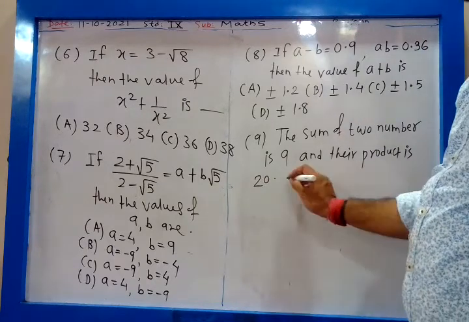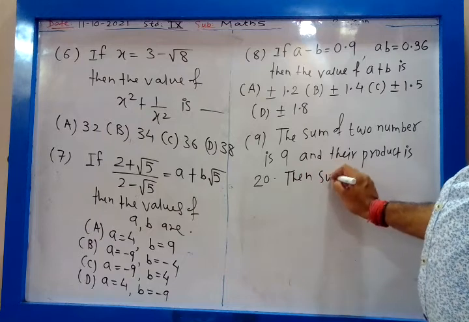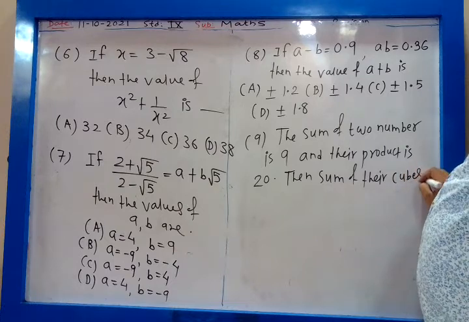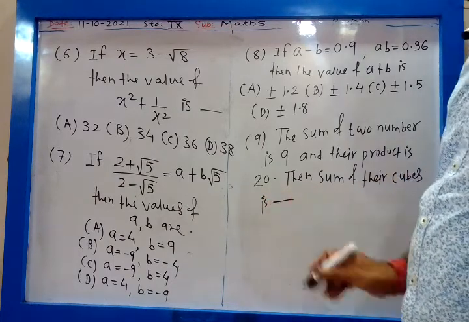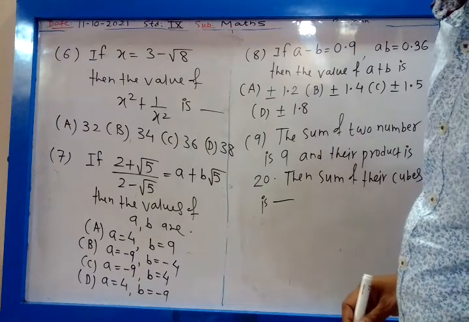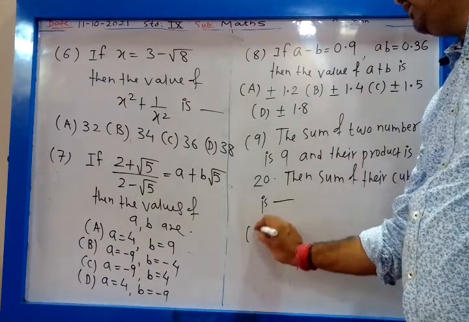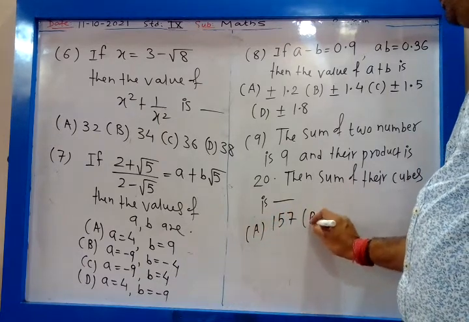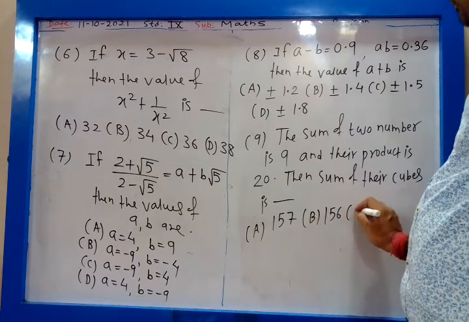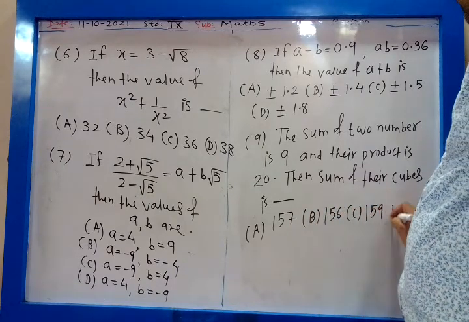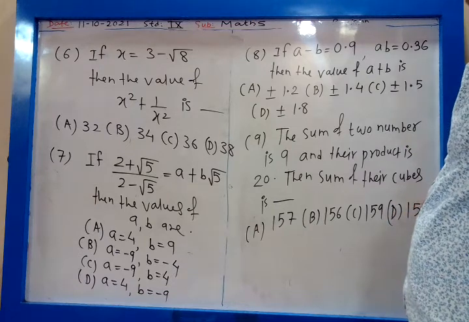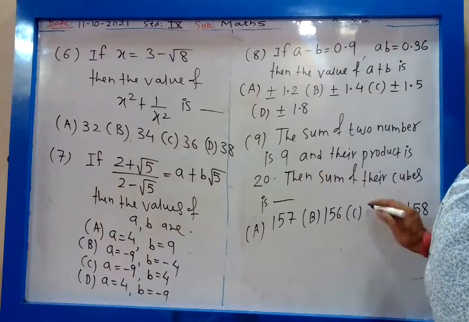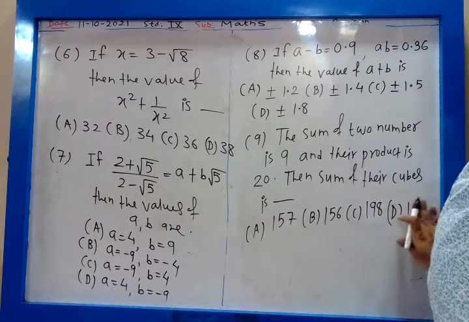Then the sum of their cubes is: A 157, B 156, C 198 and D 189.